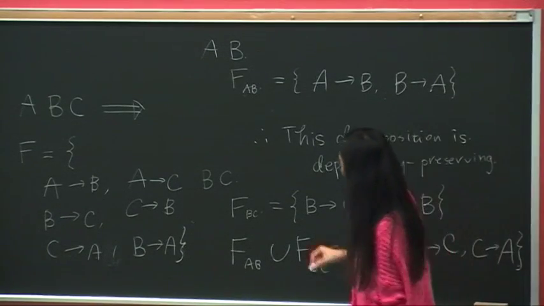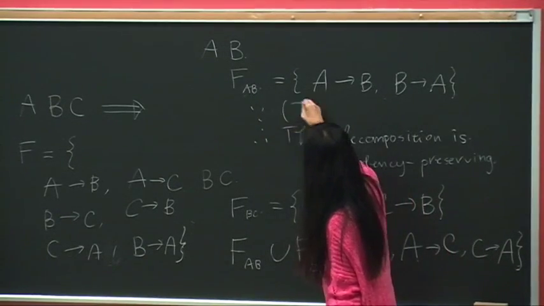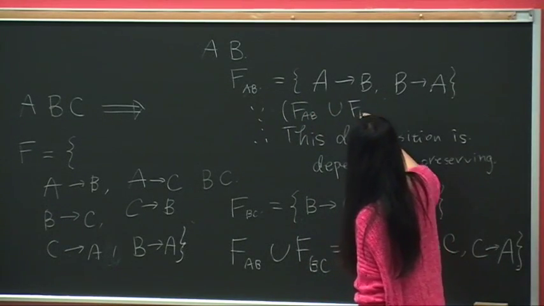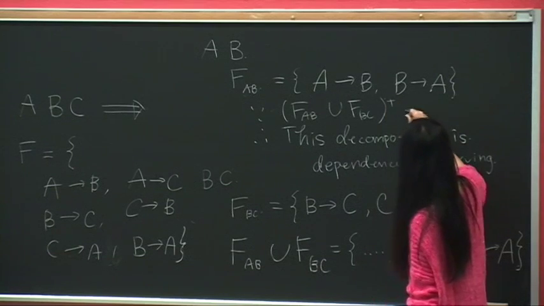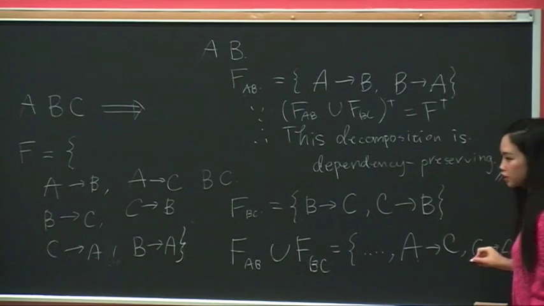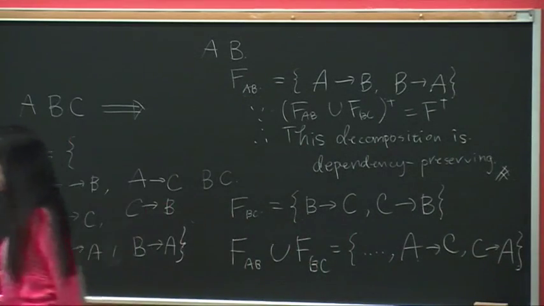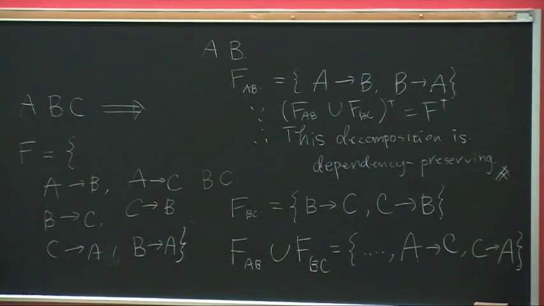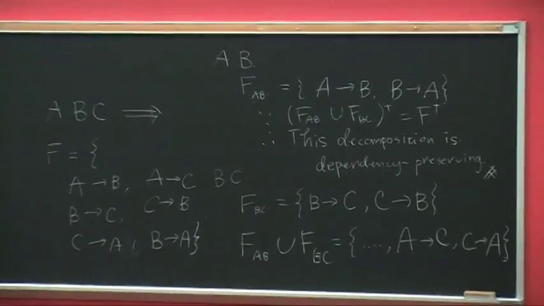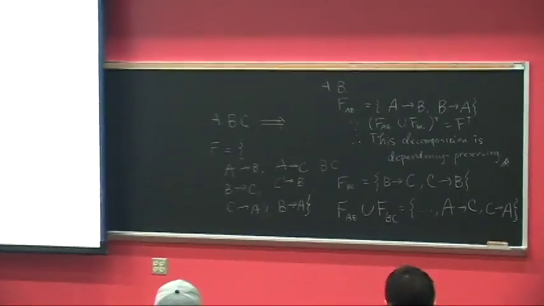Okay, if you want to make it a bit more solid, you can say it's because you found AB taken in union BC the projection and take the closure. That's the same as the original closure. Okay. Is it clear or is it kind of confusing?